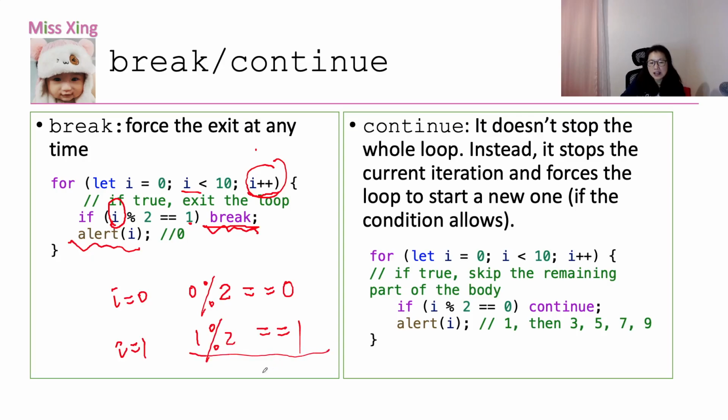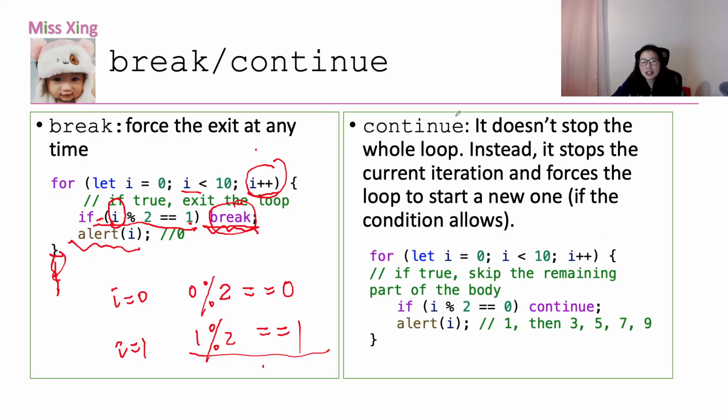In this case the if condition becomes true, and in the true branch it's going to break. Break is going to exit the loop at any time. So after exiting the loop, there's no statement after the for loop, so the program exits.